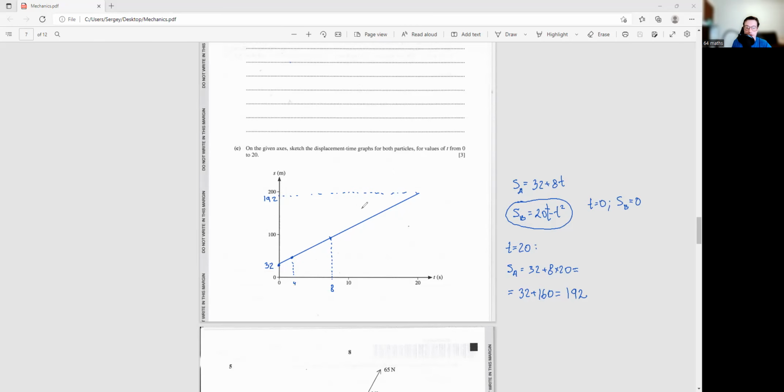So our quadratic function is going to intersect the straight line at these 2 points. Okay, now let's calculate the displacement of B when t equals 20. 20 times 20 minus 20 squared, which makes it 0. And just in case, let's find the vertex of these quadratics.